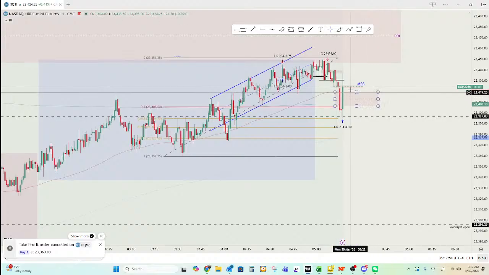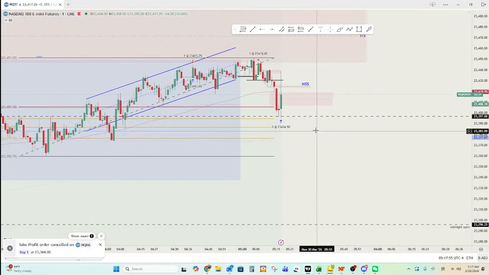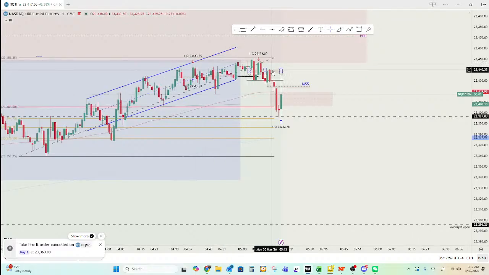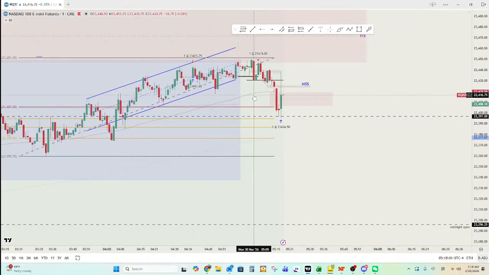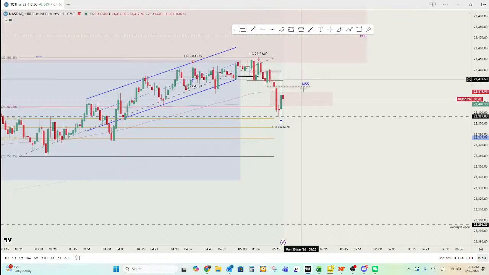Oh, okay. Stop filled. I got stopped out. So this is the second time I tried in the New York and London session. Oh, that's exactly where I put my stop there.